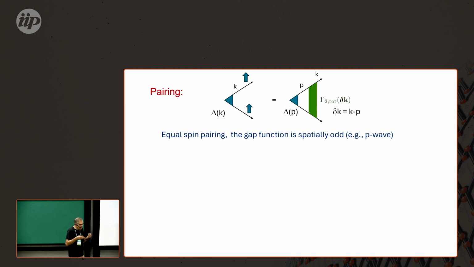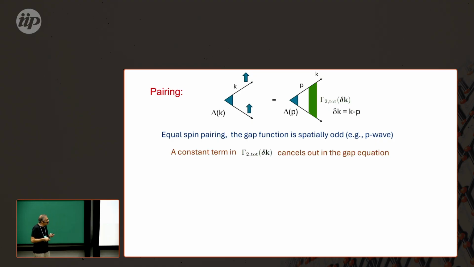That's the only possibility, standard story. So P wave, F wave, whatever. Which means that if we have an interaction here which is a constant, a constant obviously doesn't contribute to any spatially odd state. So what we do need is to look at this effective interaction and see where the constant is.